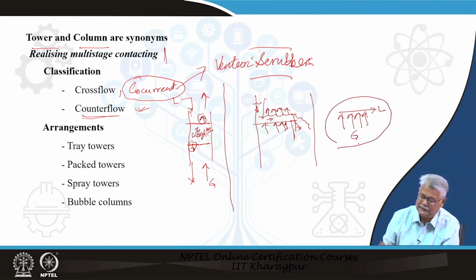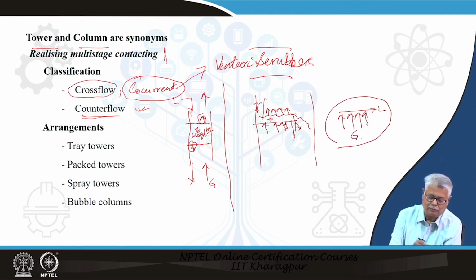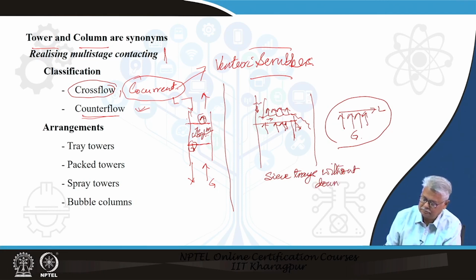So, what type of contacting is it? It is basically a cross flow. So, on a tray there is a cross flow, except in one type of tray. Those trays are basically sieve trays without downcomer. That is the type of counter flow tray. Now, how does it look? It looks very simple. You have a perforated sheet functioning as a contacting device.